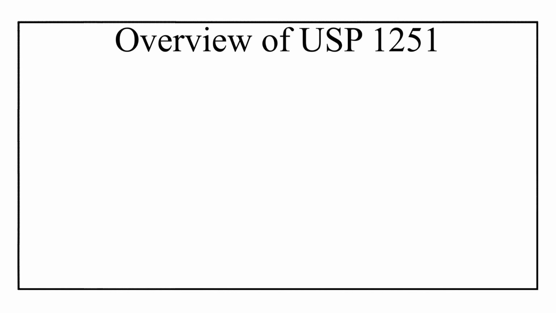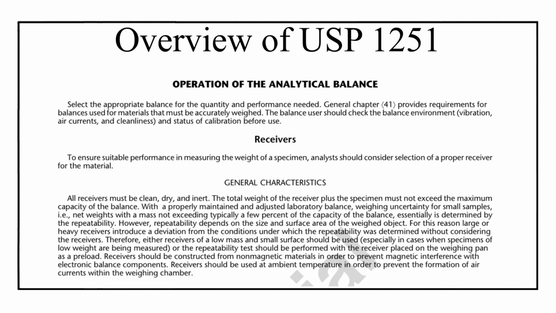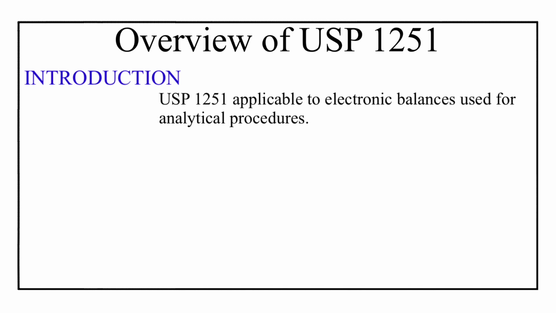Overview of USP Journal Chapter number 1251. If you see this journal chapter document, you will find that it is a total 6 pages document, and in it 3 main topics are given: introduction, qualification, and operation of an analytical balance. Under introduction, it has been mentioned that the chapter is only applicable to electronic balances which are used in analytical procedures.